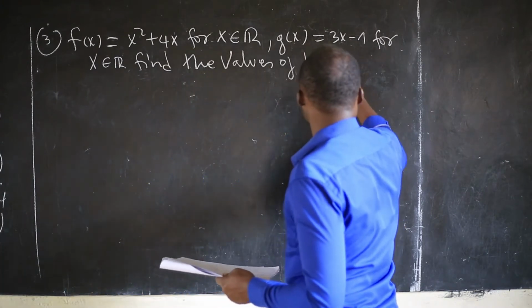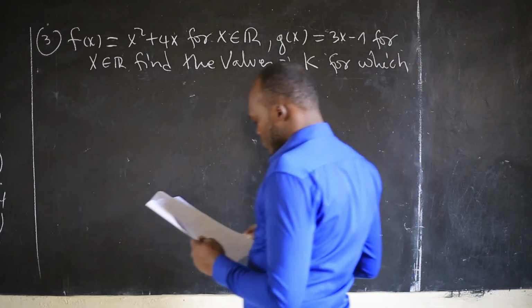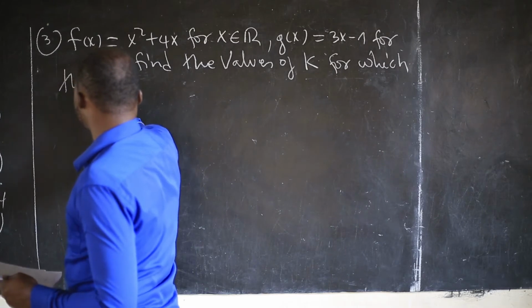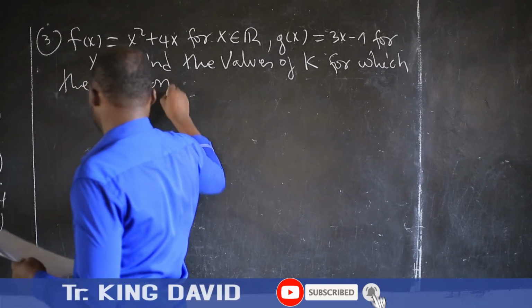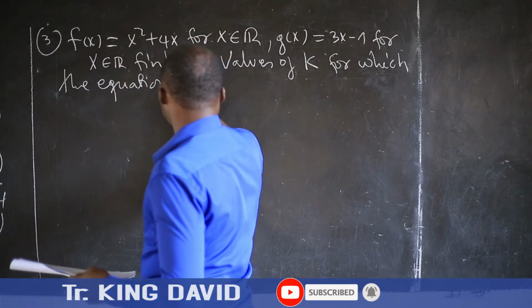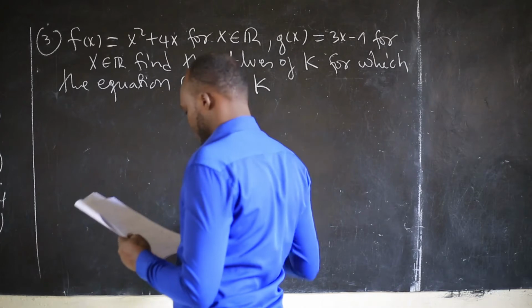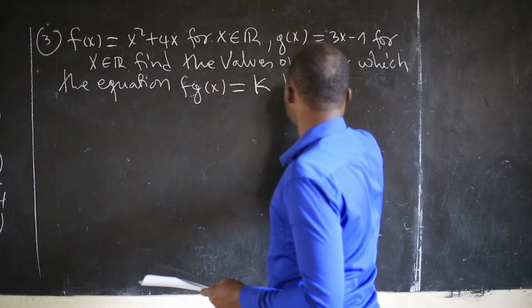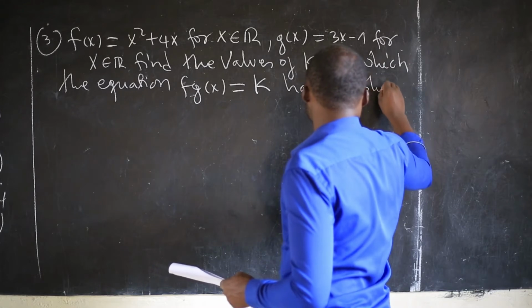Find the values of k for which the equation f of g of x equal to k has a real solution.